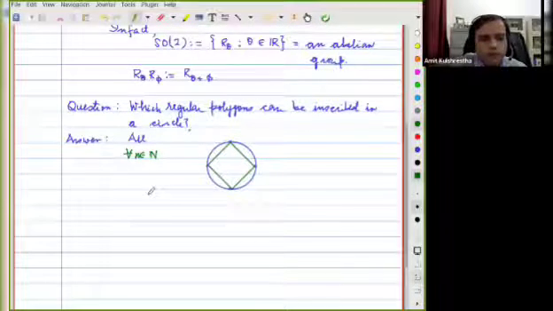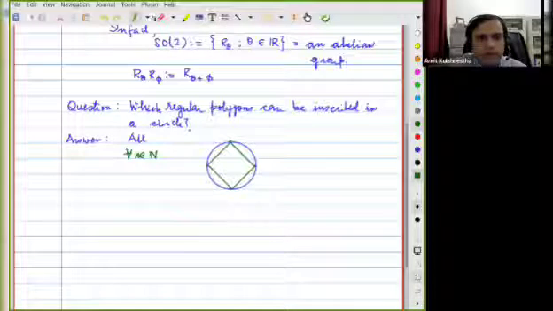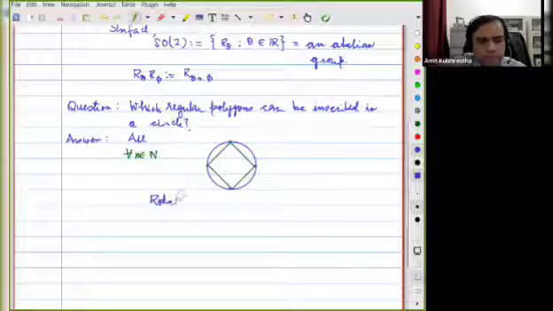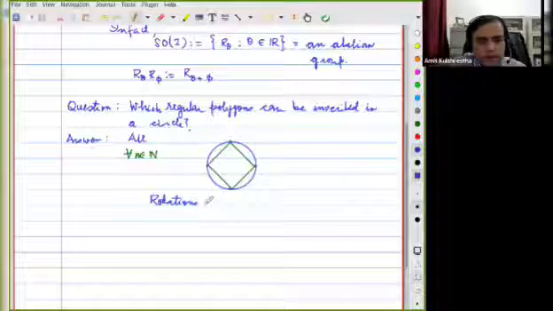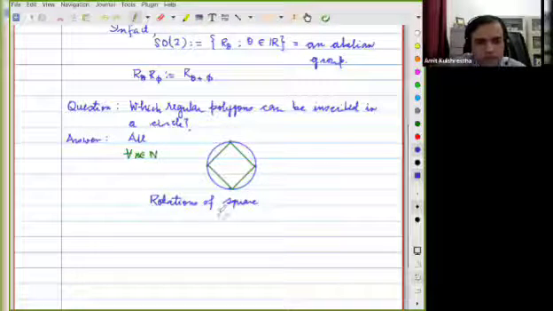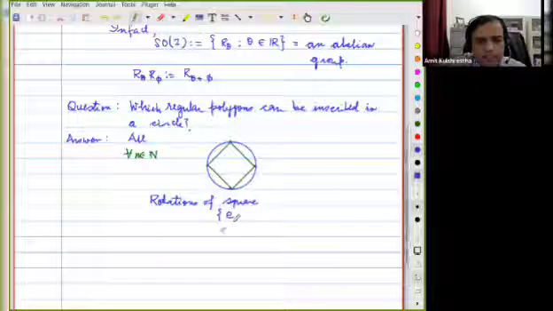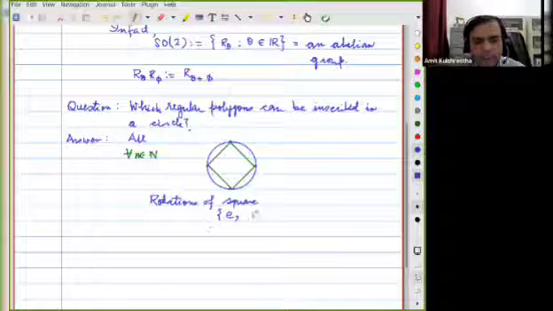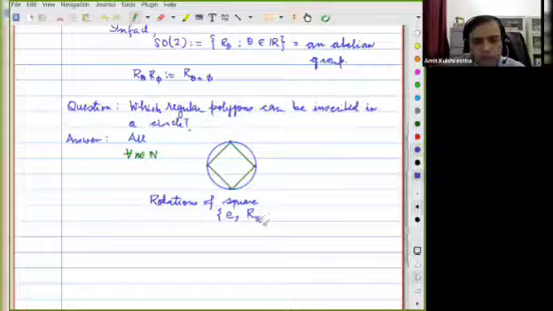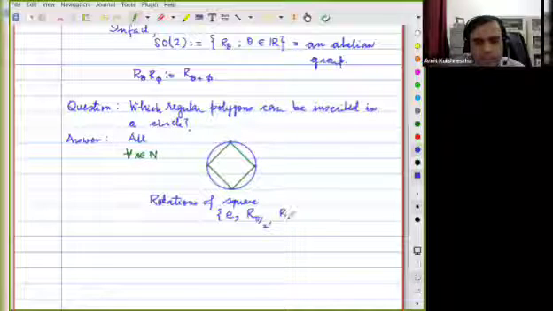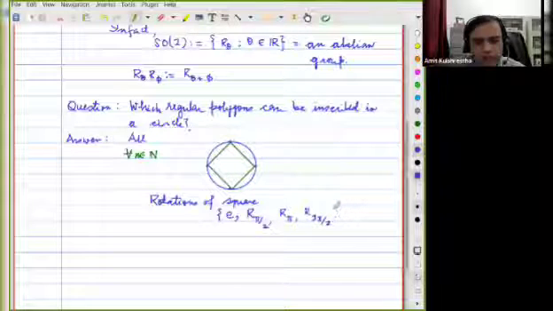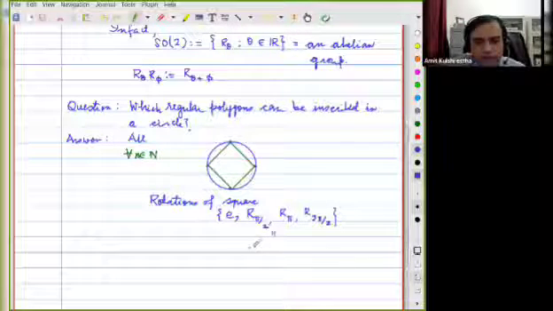And what are the rotations of a square? Rotations of a square are, of course, the identity, which I'm denoting by E, doing nothing, right? And then rotation by pi by 2, and its multiples, rotation by pi, and rotation by 3 pi by 2, right? And this is a cyclic group.